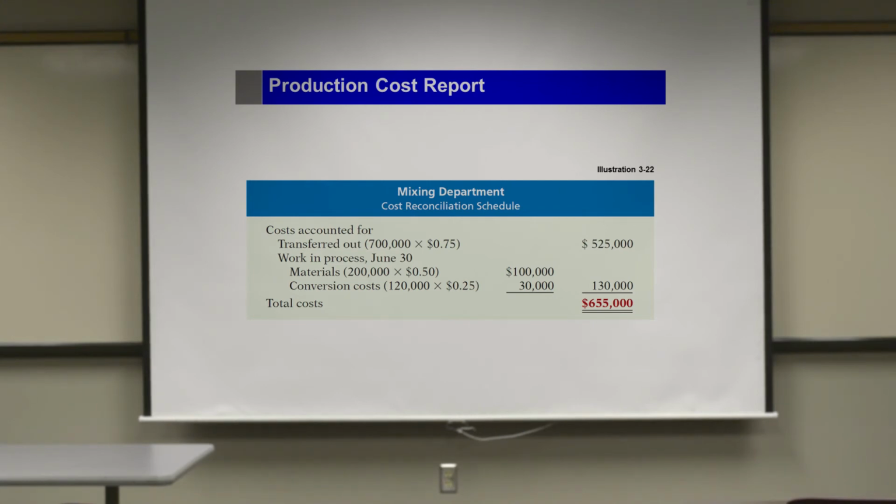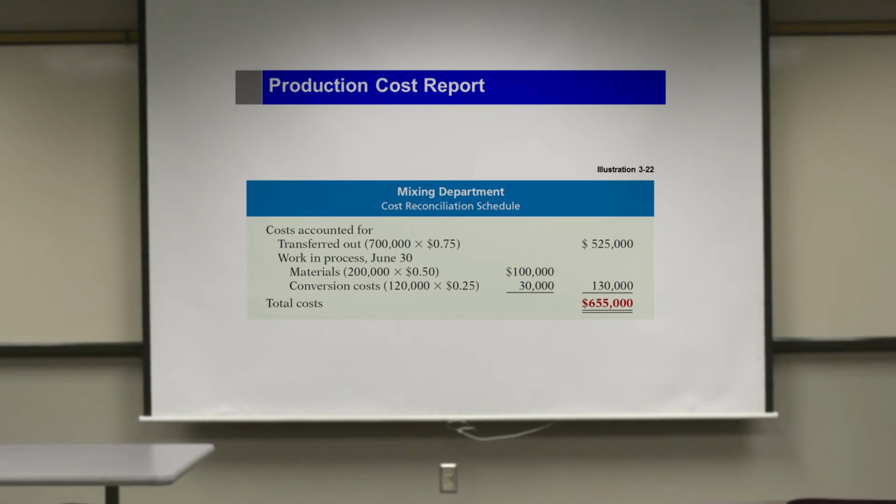Now the remaining units which were incomplete were those 200,000 units, but the 200,000 units were complete with respect to material. Cost per equivalent unit of material was 50 cents. So as far as the material is concerned, your material cost is 50 cents times 200,000 to give you a cost of 100,000.